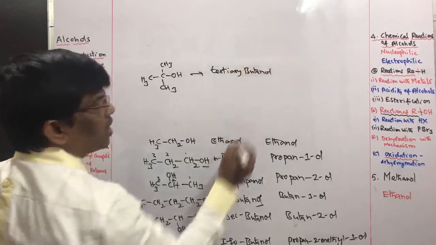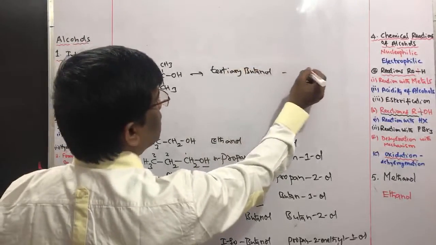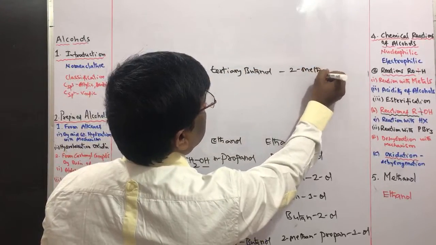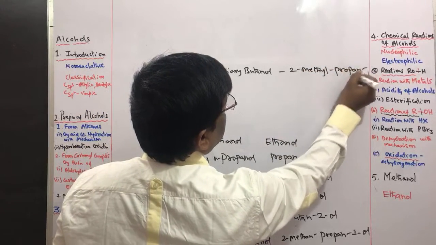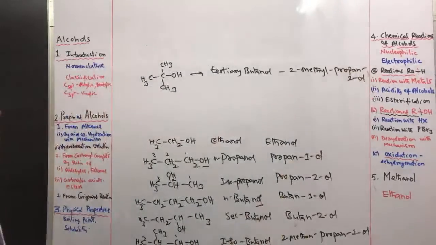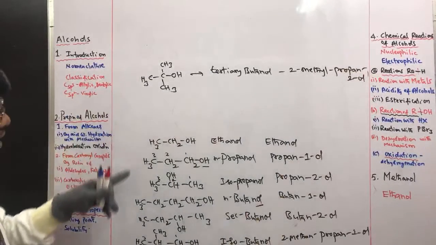The common name is tertiary butanol, whereas the IUPAC name is 2-methylpropan-2-ol. It is a tertiary alcohol.